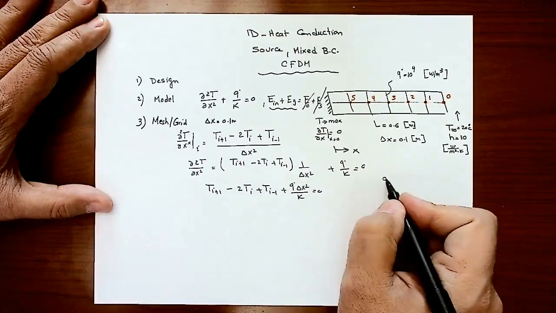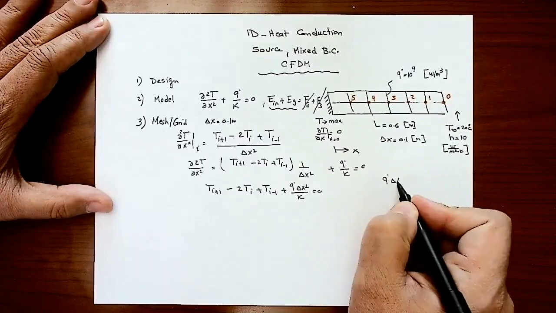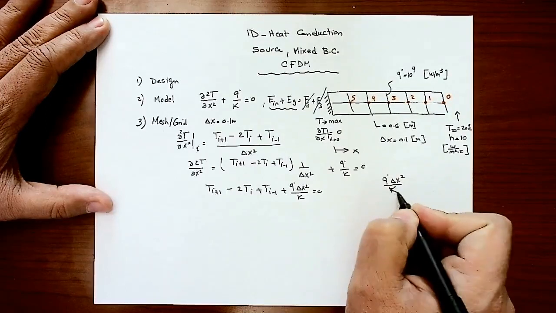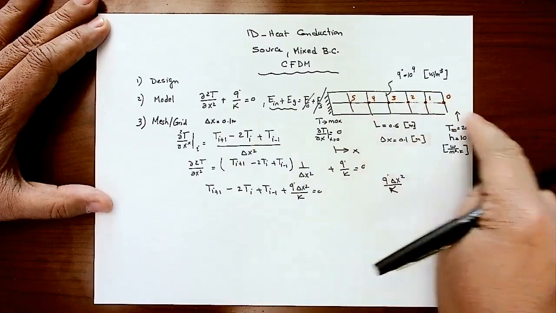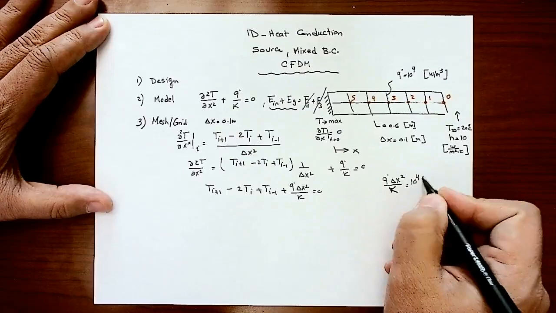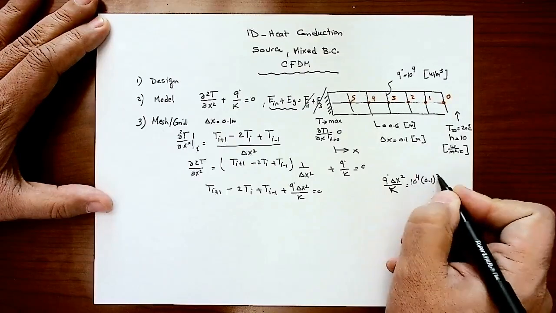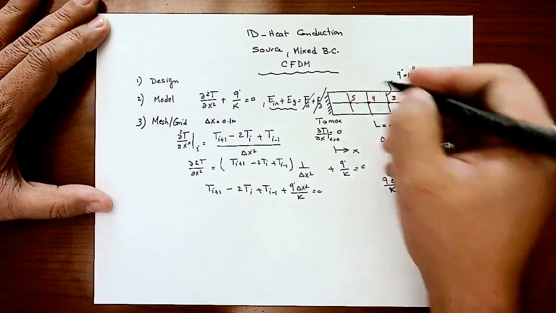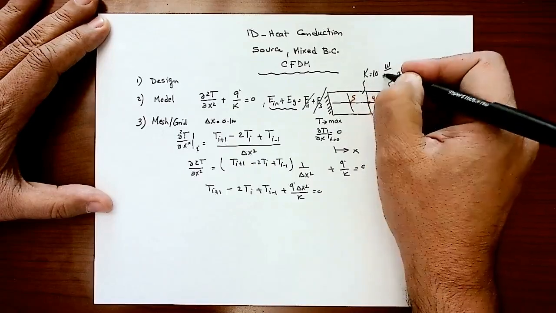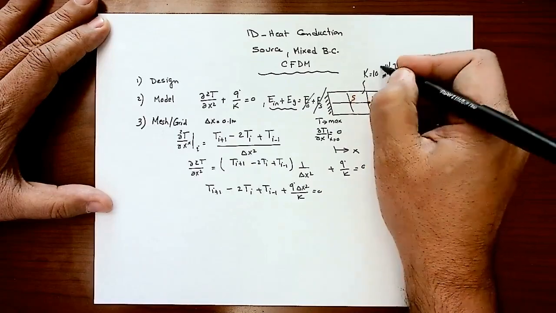We can set aside and calculate that term, which is going to be a constant term. It's not going to change with the location of the node. So let's calculate that as a constant value: 10 to the fourth times 0.1 squared divided by K. K of that bar was given previously as 10 watt per meter Kelvin.